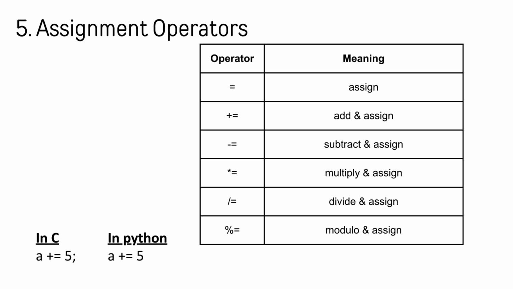If you write a /= 5, that means the integer result of the division of a and 5 will be stored into a. If you write a %= 5, that means the remainder of the division between a and 5 will be stored into a. So I think this is very simple, how to use assignment operators.